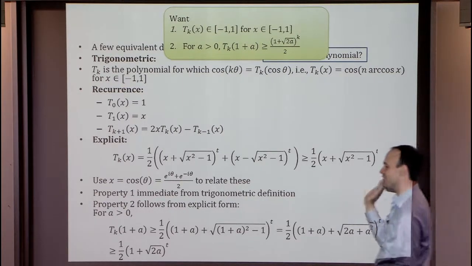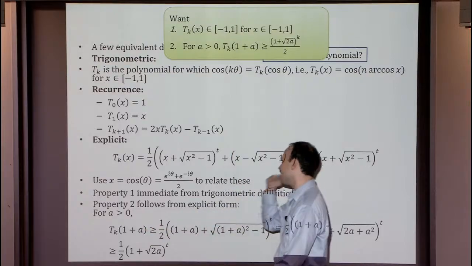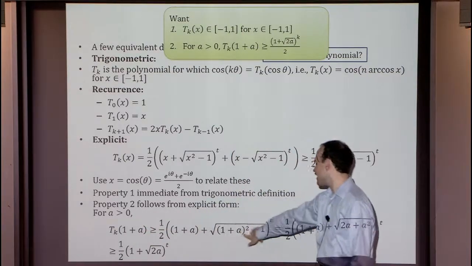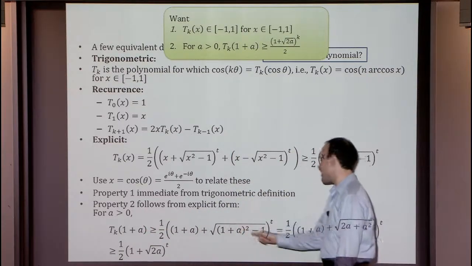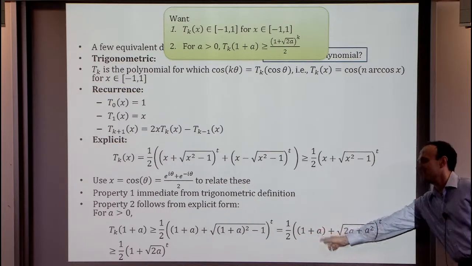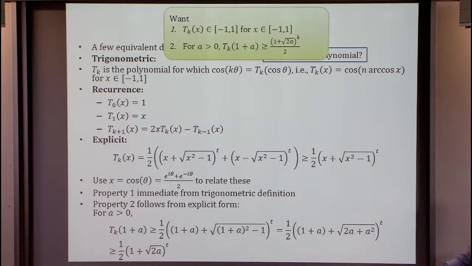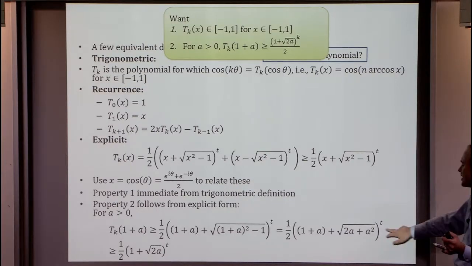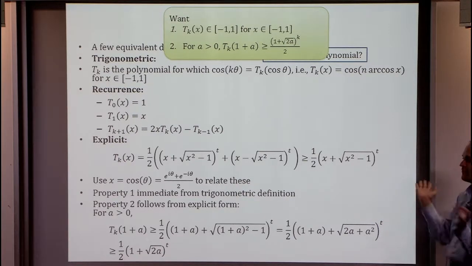So if we extend it out, what do we get? We get T_k of 1 plus a, and I'll just plug that into our formula. And then if you just write out what's inside there, you get 1 plus a, and then you get 2a plus a squared. And then you're just going to ignore a bunch of terms.